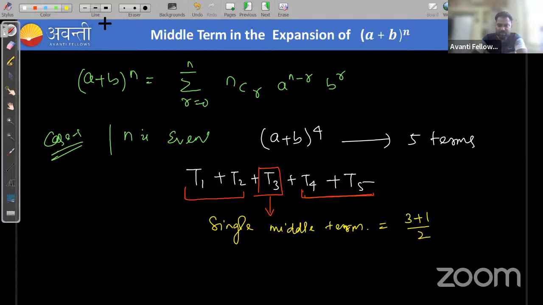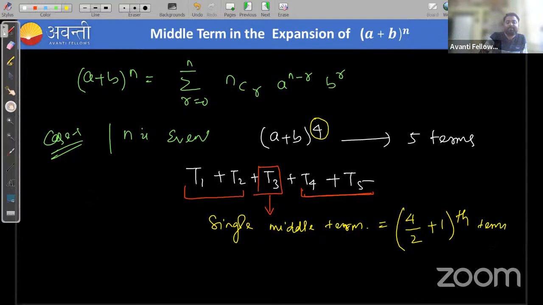Is it correct? That is 4 upon 2. No, this is the third term. So how can we represent it? You can write this as 4 by 2 plus 1. Yes or no? n is 4 here, so n by 2 plus 1. That is the 4 by 2 plus 1 term is my middle term.